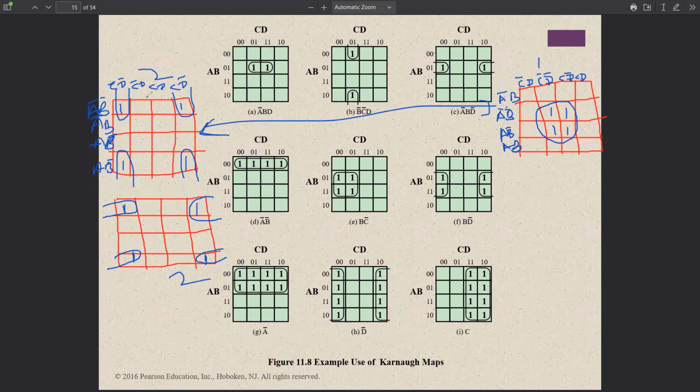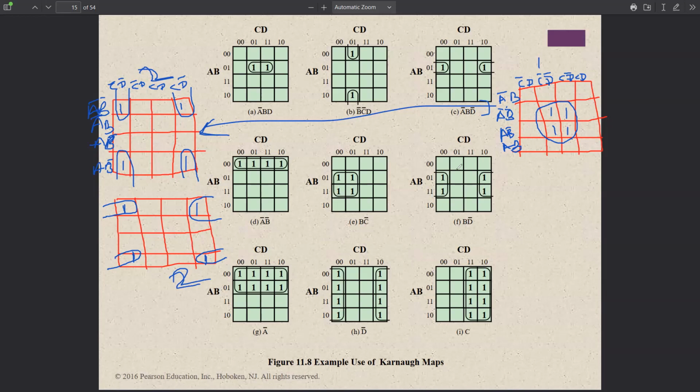The problem is here I can only circle two groups by the given rules. But after the changing, I can group all the things into one, right?